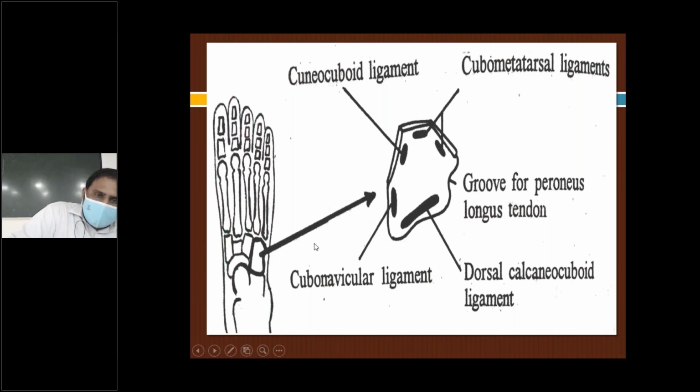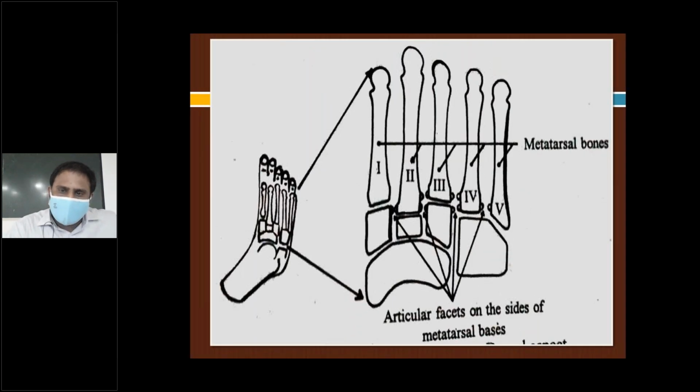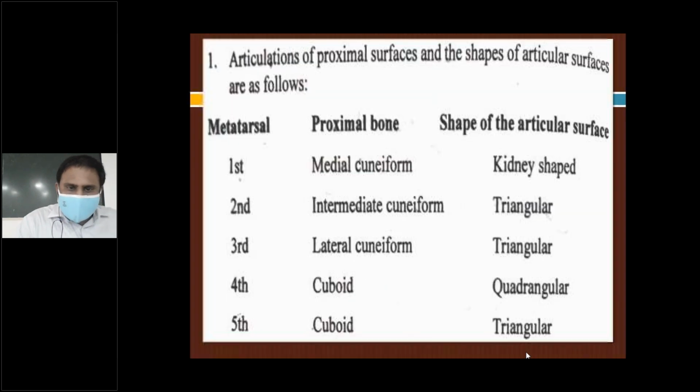These are all the ligaments around the cuneiforms. The articular facets correspond to the numbers of the first to fifth metatarsals. The shapes of the proximal surfaces are as follows. The first metatarsal and medial cuneiform have an arcuate, kidney-shaped surface.